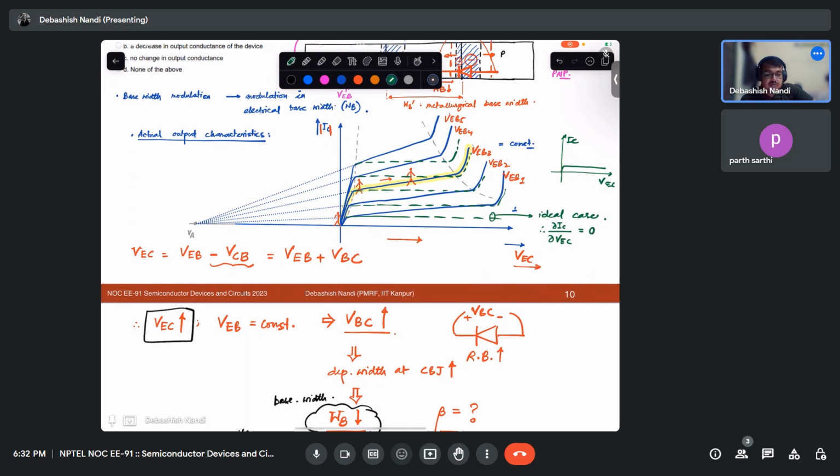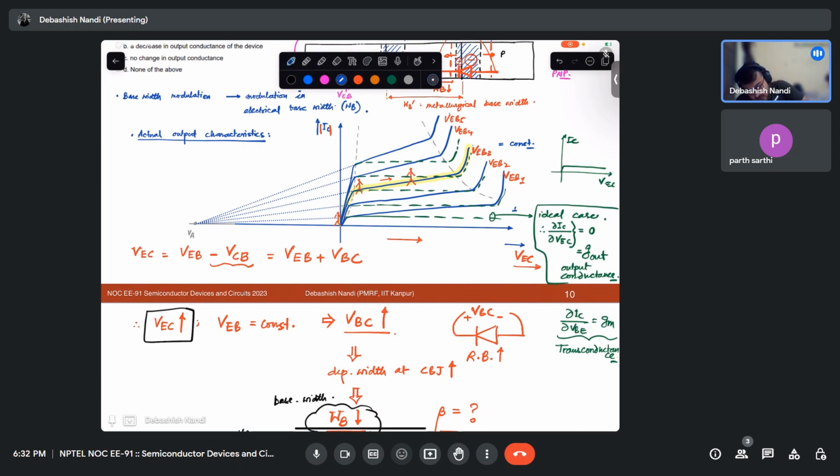Slope is 0. This quantity is called G out, the output conductance. And your DIC by DVBE is called your GM, the transfer conductance or transconductance. So this is the green case, the ideal case.